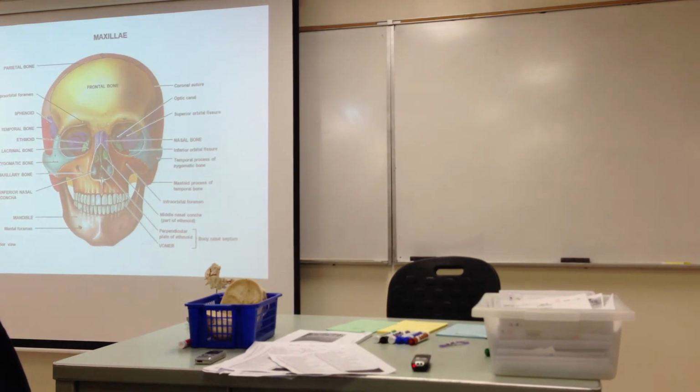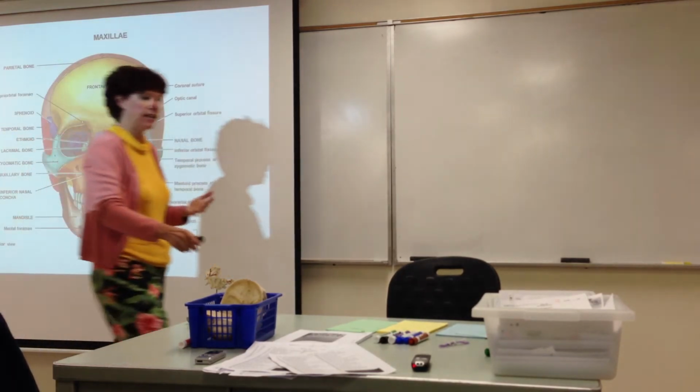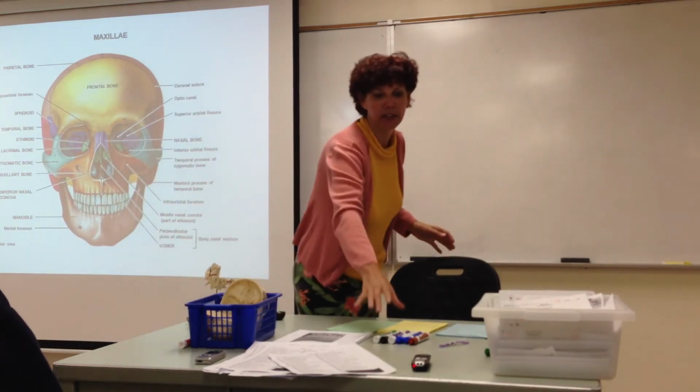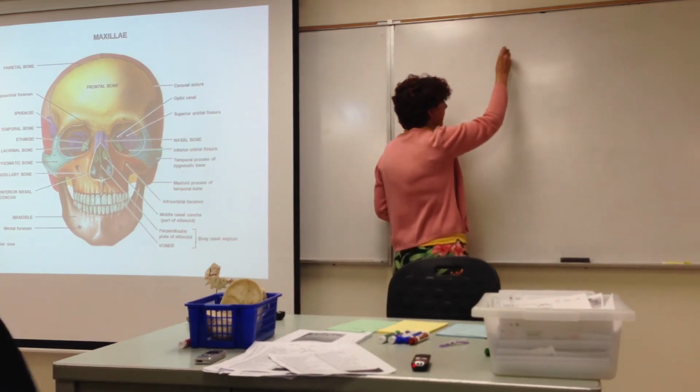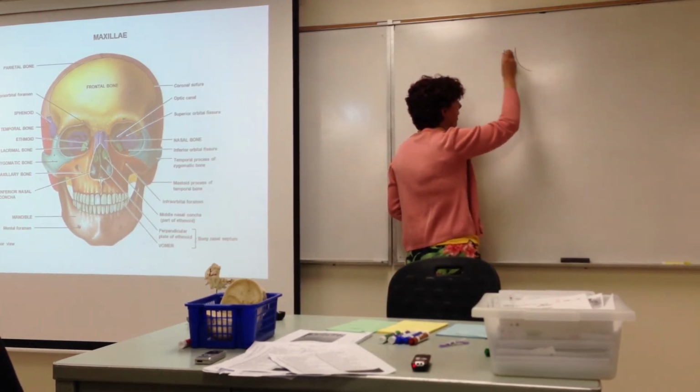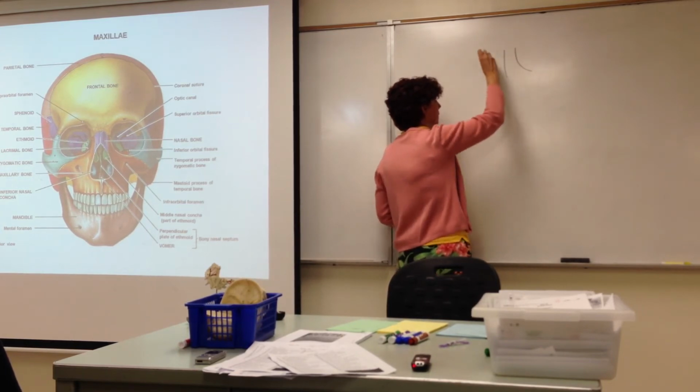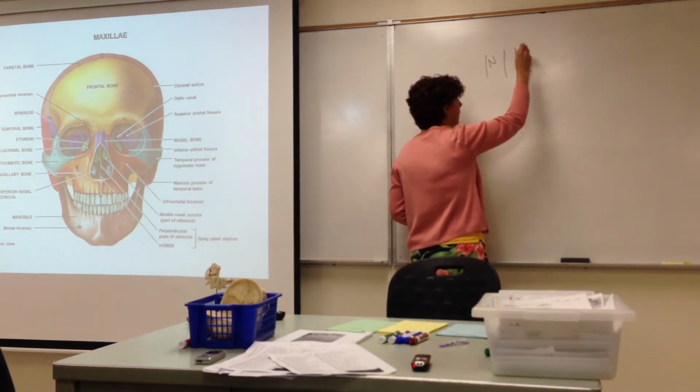So let's look at the upper jaw. It looks complicated, but we're really comfortable with it. We deal with it every day. So the processes should be pretty familiar. If we look at the maxilla, you can either call it maxillary bone or maxilla, all right? It has this thin, narrow portion between the nasal bone and the lacrimal bone.